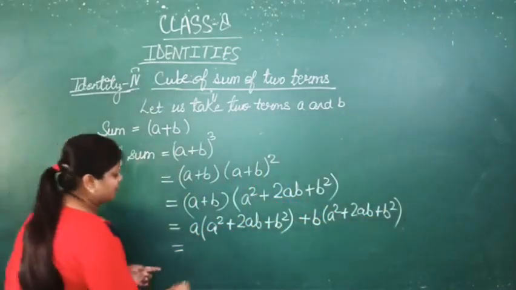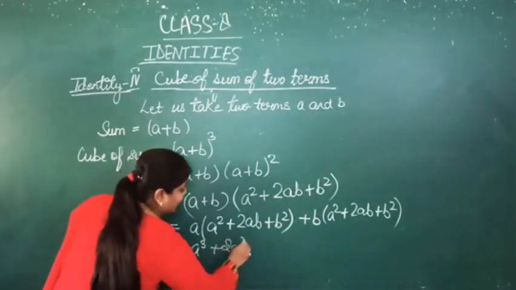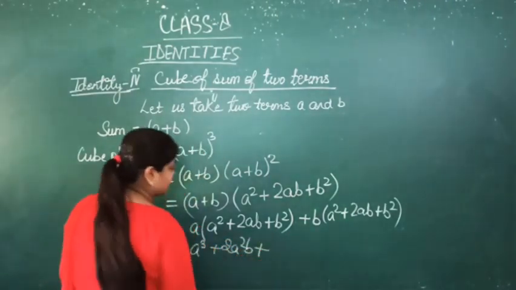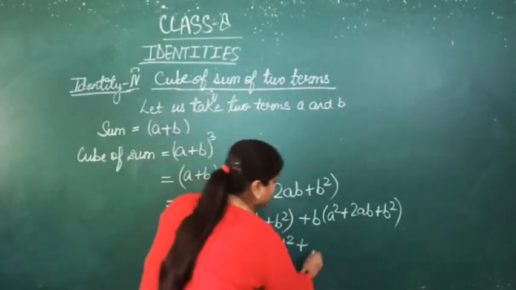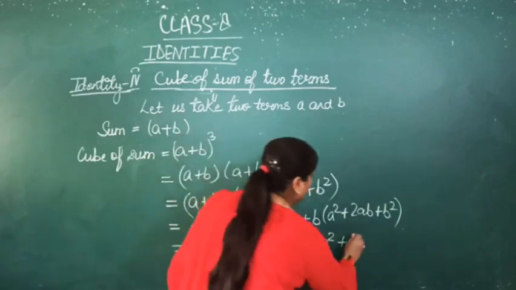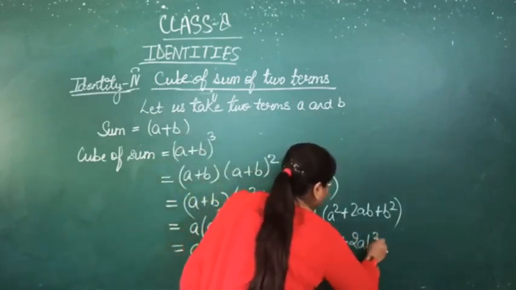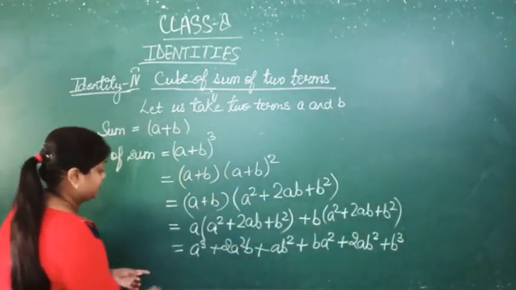When we multiply, we'll get a cube plus 2a square b plus ab square plus ba square plus 2ab square and plus b cube.